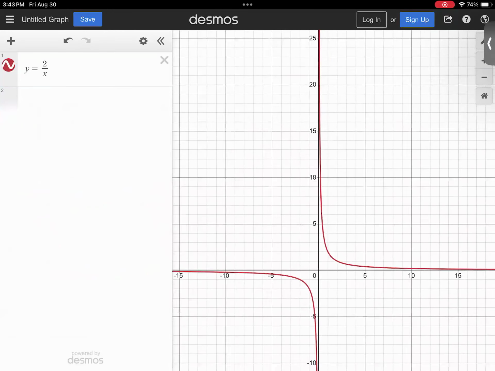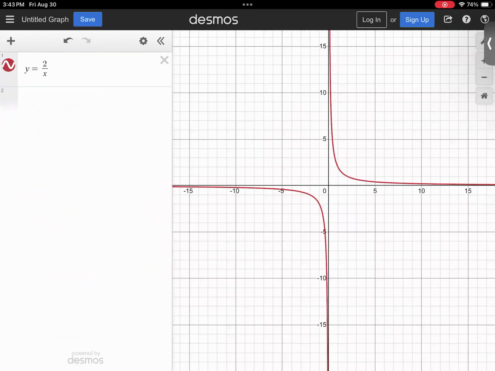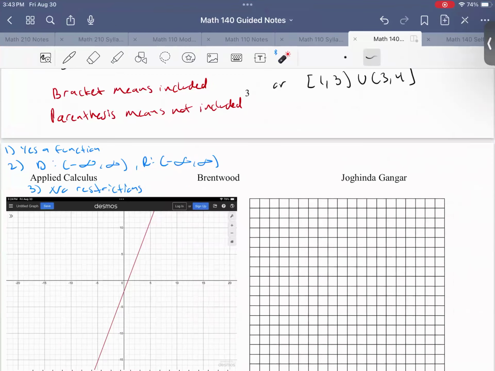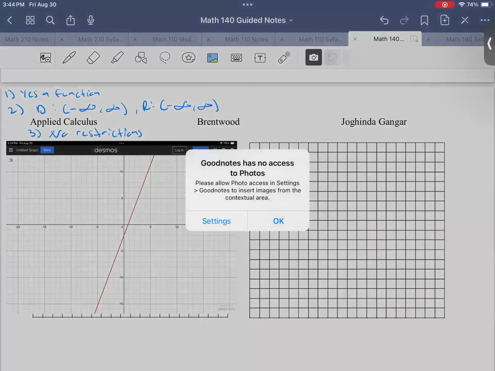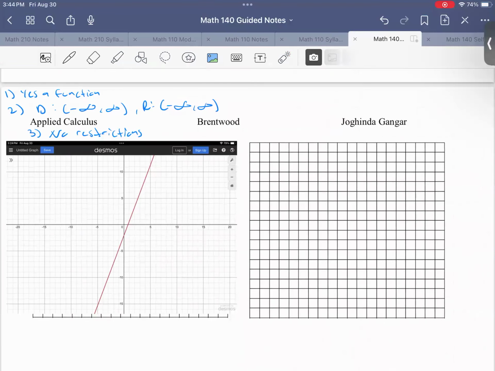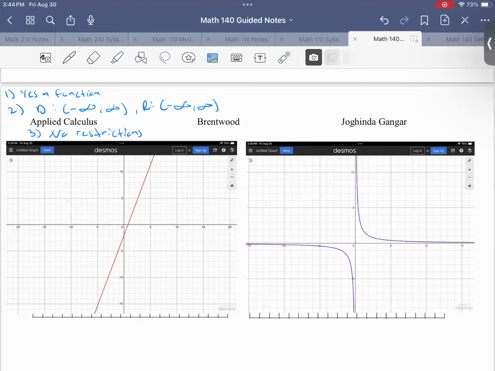Okay. So let's go ahead and put that in our notes. So image, oops, one second. Okay, here we go. So here is the image uploaded.